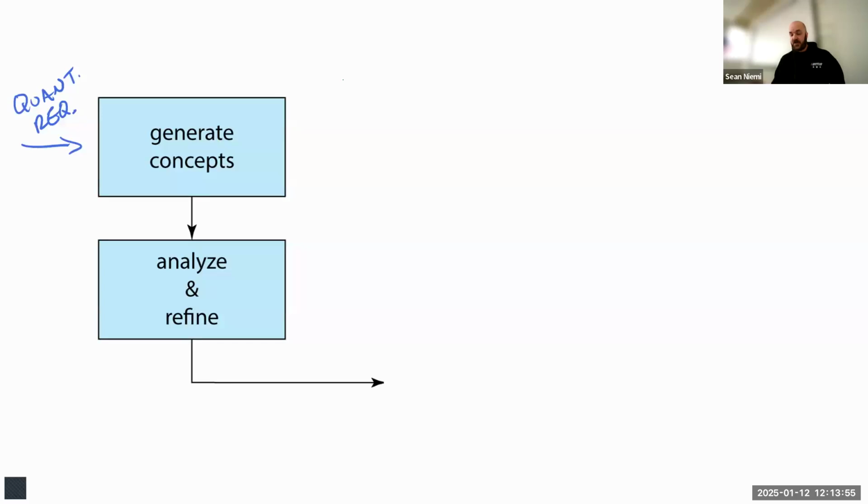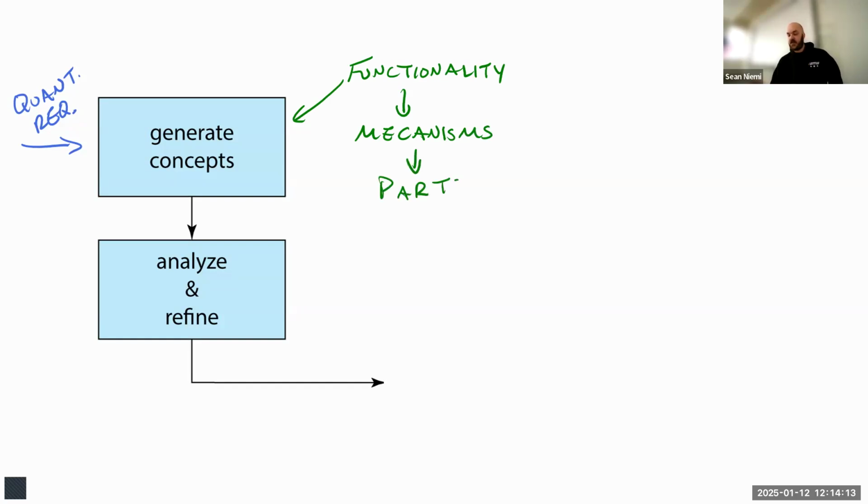We have to say, okay, cool. What functionality do I need? What mechanisms get me that functionality? What parts build those mechanisms? And then we can assemble that into our concept. All right.